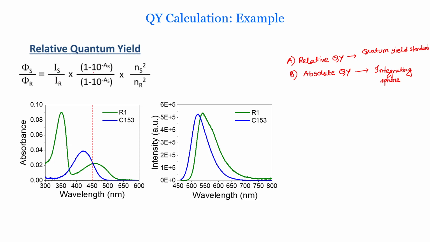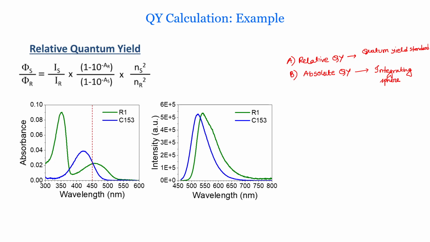This is the absorbance factor, and this correction factor comes into the picture due to the solvent. This is the refractive index of the solvent, n. If you are using the same solvent for your sample and the reference, then this factor is going to be 1, but if it is different, then you need to choose a different value.